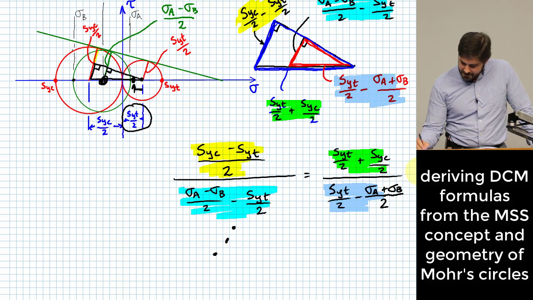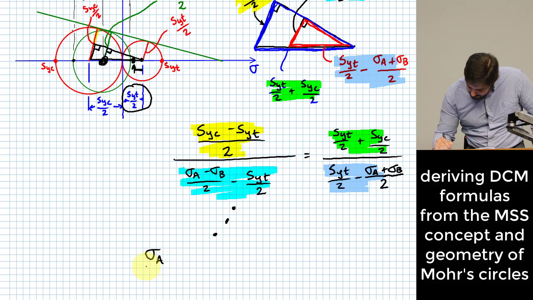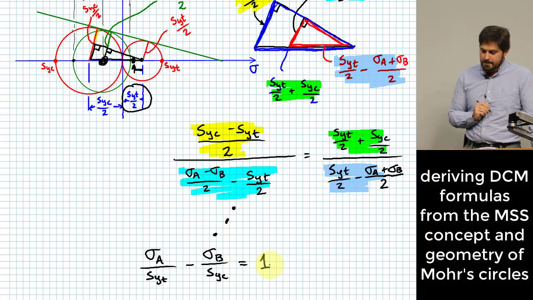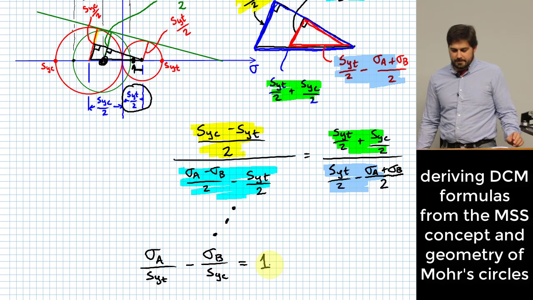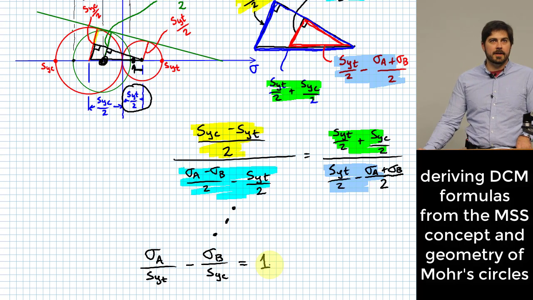What this gives us is an expression that says sigma A over S sub yt minus sigma B over S sub yc is equal to 1. Okay?